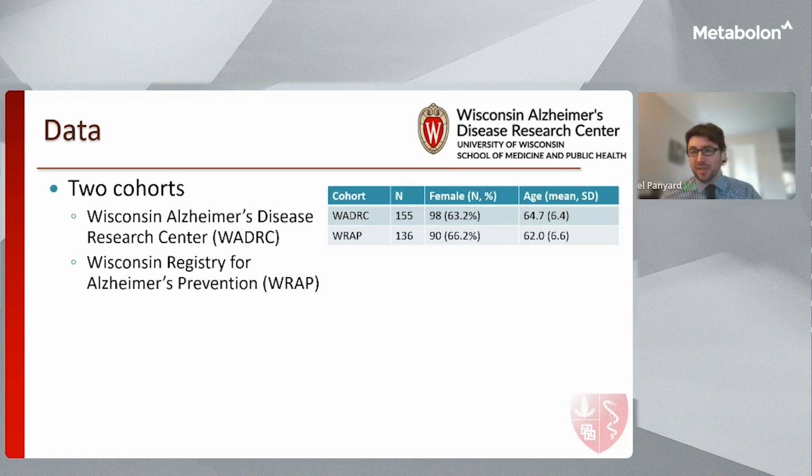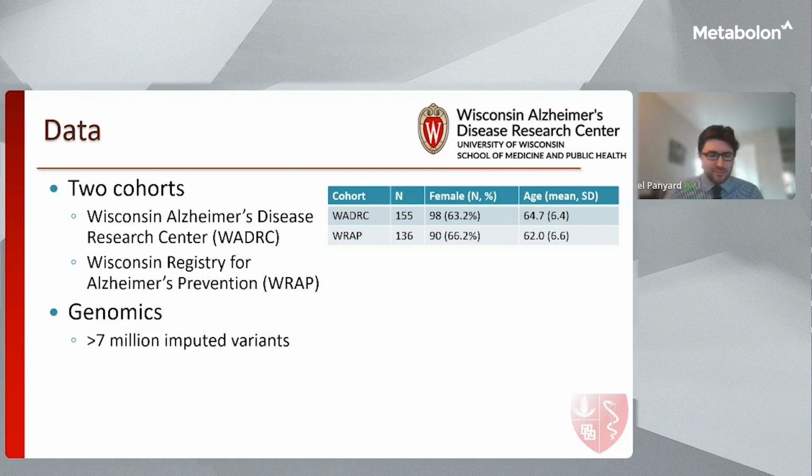You can see the main demographics listed there. And on this particular cohort that we were studying, these numbers refer to those individuals on whom we had full genomic information from genome-wide genotyping. So we're talking after imputation, over 7 million SNPs in each cohort.